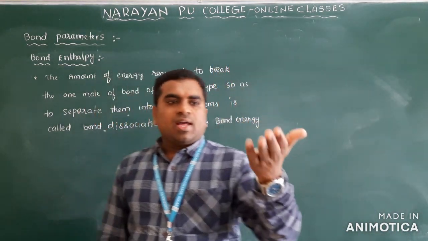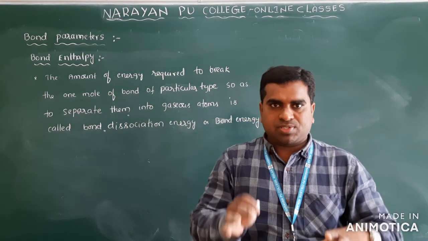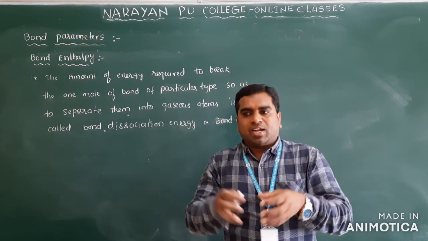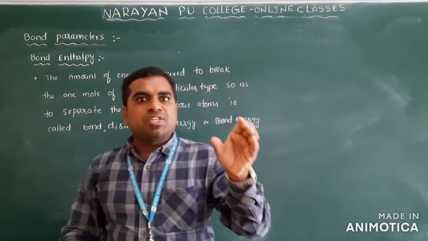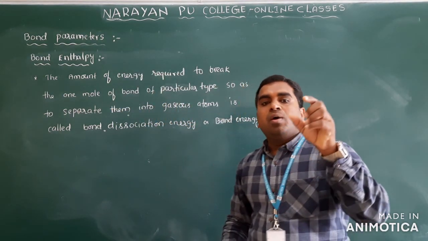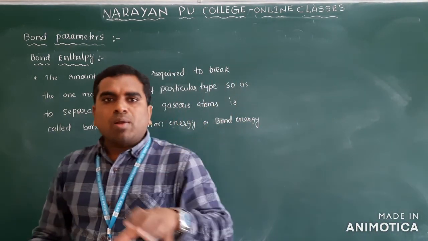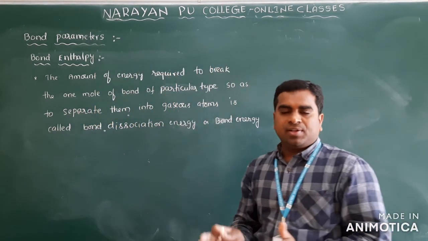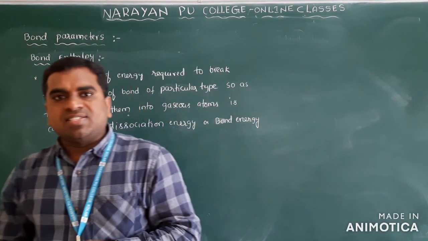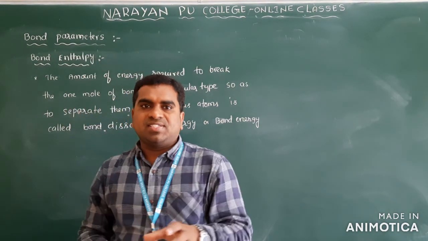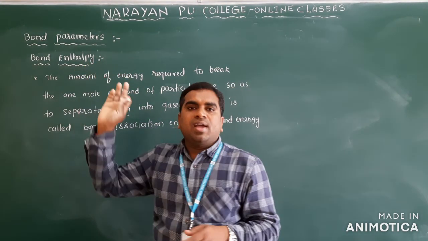It is the amount of energy required to break the bond between the atoms, a particular type of bond. It is the amount of energy required to break 1 mole of bonds of a particular type, and that energy we call the bond energy, bond dissociation energy, or bond enthalpy.